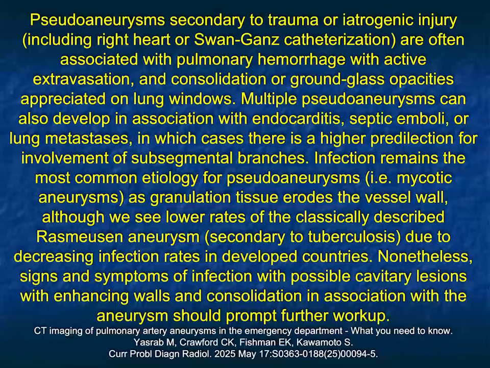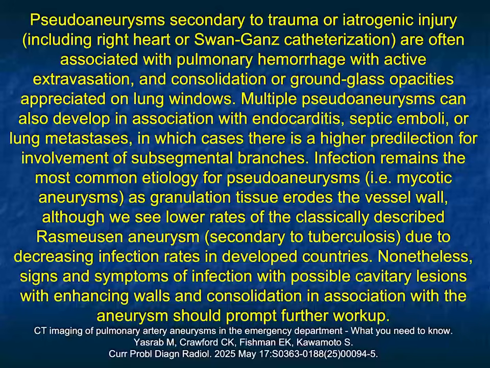Now, we mentioned before that pseudoaneurysms can be due to trauma, which can be stab wounds, or iatrogenic trauma, including Swan-Ganz catheterization. We talk about multiple pseudoaneurysms with endocarditis and septic emboli. We talk about infection, again, mycotic aneurysms.